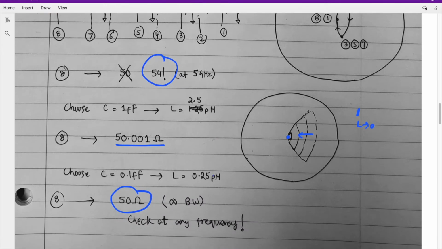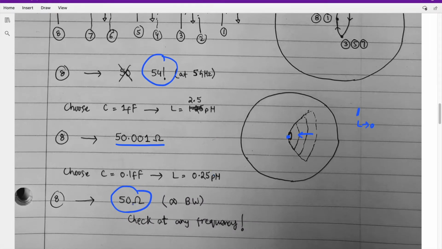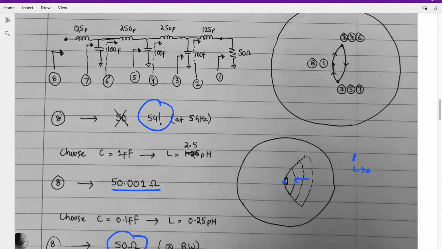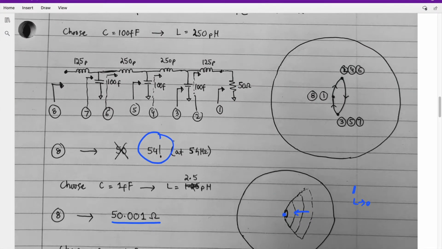No matter at what frequency you check, you will get 50 ohm impedance as long as you terminate that line with the 50 ohm load. But here, these values were bigger, and it will give you different impedance at different frequencies. For example, at 5 gigahertz, you will see roughly 54 ohm resistance.